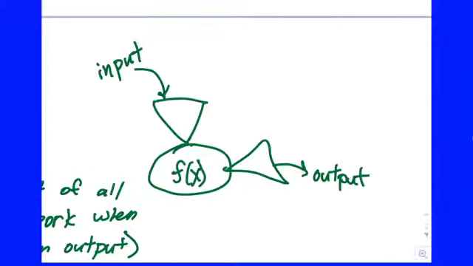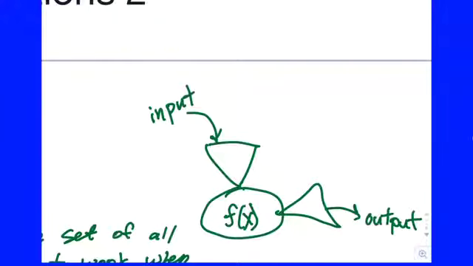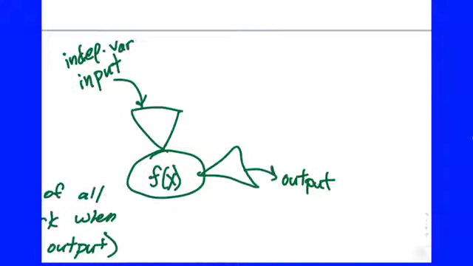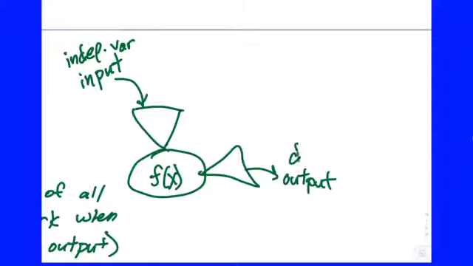And of course, what are you allowed to put in? Well, you have an independent choice of what to put in. It's your choosing, right? But what you get out depends upon what you put in. So we have independent variables, put in what you want, and then the dependent variable is the output. It depends upon what you put in.